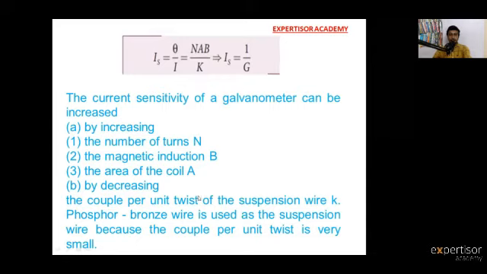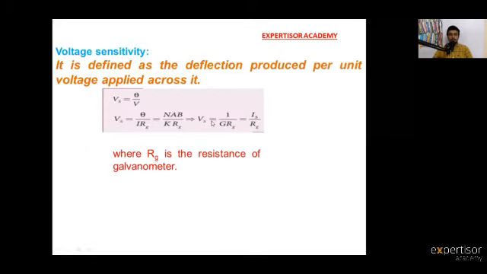Phosphor bronze wire is used as the suspension wire because the couple per unit twist is very small.